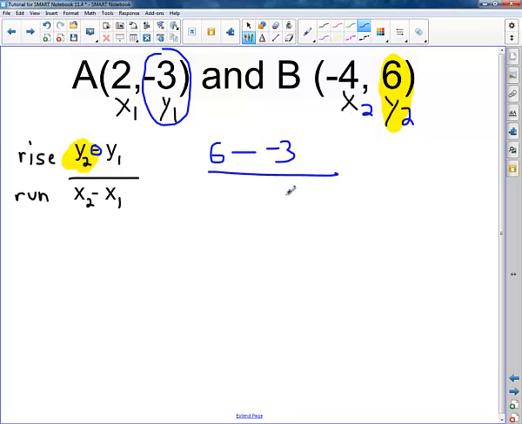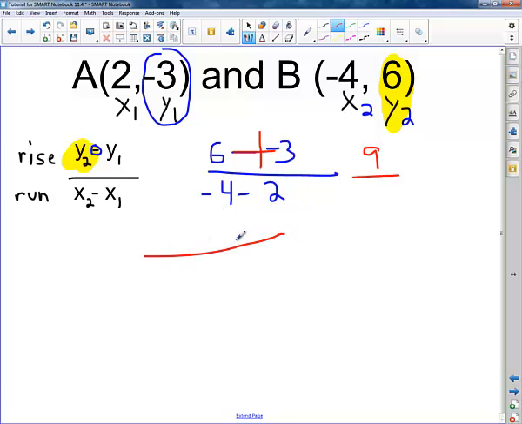Okay, that's all being divided by x2 minus x1, so I come back over to the second point, x2, I write down negative 4, minus x1, which is a positive 2. So, problem here though, I have minus and negative. Anytime you're subtracting a negative, that's changing to plus, so it's 6 plus 3, which is 9, divided by negative 4 minus an additional 2.